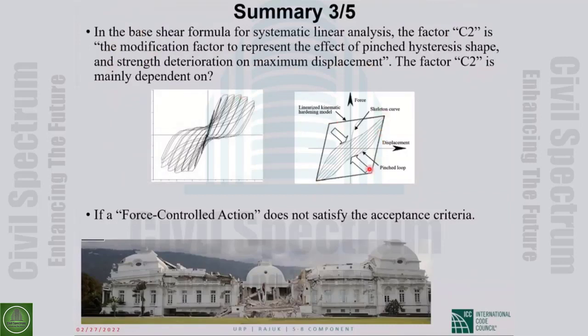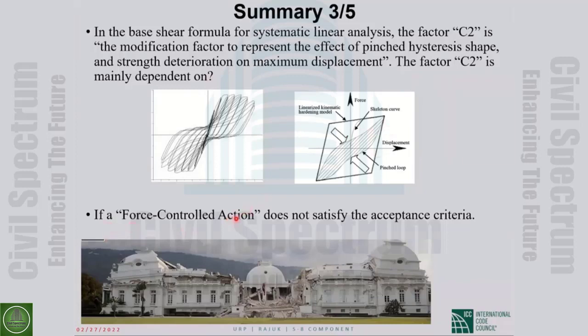We want with good detailing to have a stable hysteresis behavior. But unfortunately, many of our existing buildings don't have all the requirements of the detailing, all the things that are mentioned and listed in the section on ductility in design codes. Therefore, C2 is detailing.